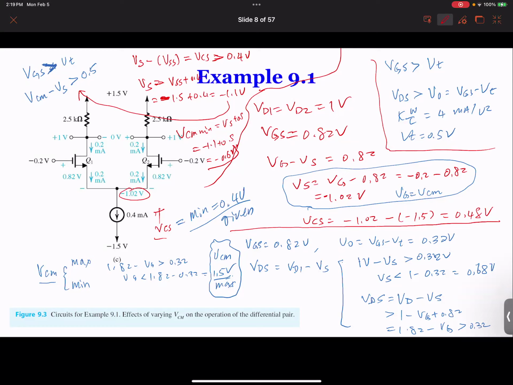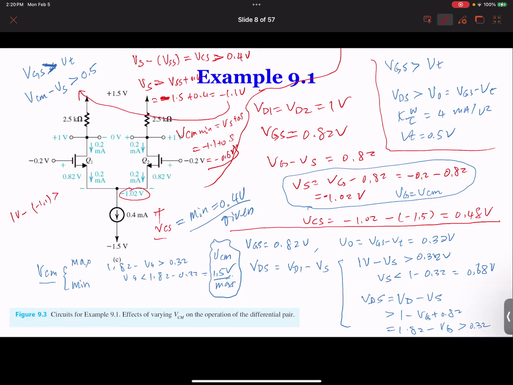But that's not enough, because we have to make sure that VDS has to be larger than VGS minus VT, which is the overdrive voltage. So therefore, really, we have to make sure that VDS, which now is 1 volt minus Vs, and in this case, Vs minimum is minus 1.1. So 1 minus Vs, that's VDS.